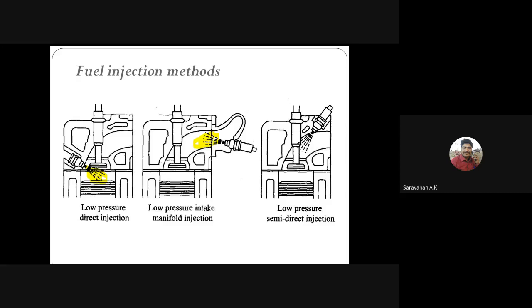Then the fuel metering or injection pump and a nozzle are the parts of the injection system. The nozzle injects the fuel into the manifold of the cylinder head at about 6.5 bar pressure.